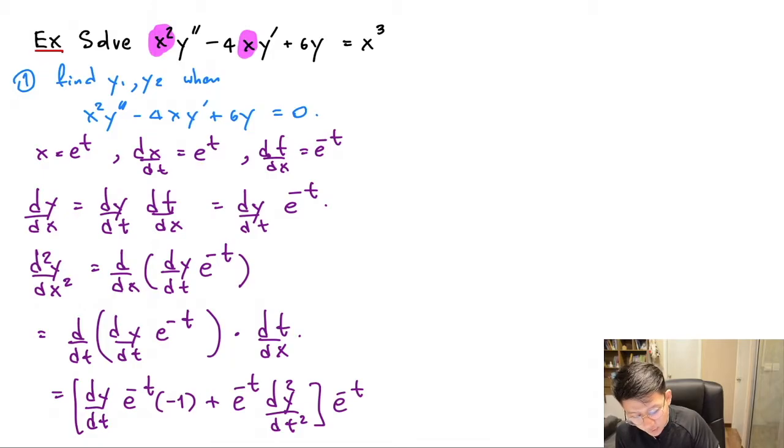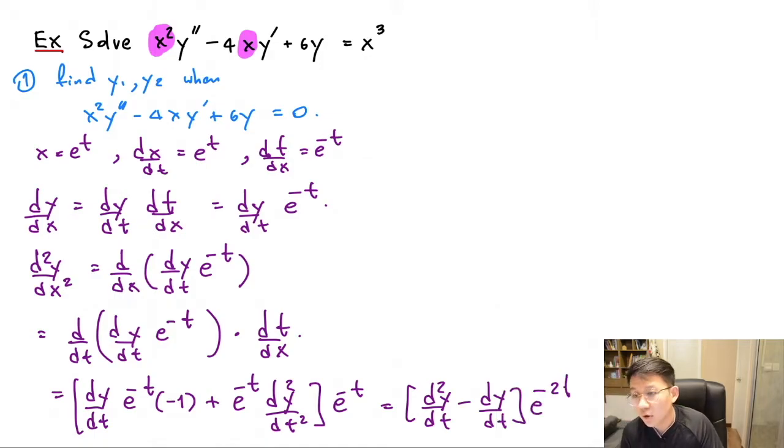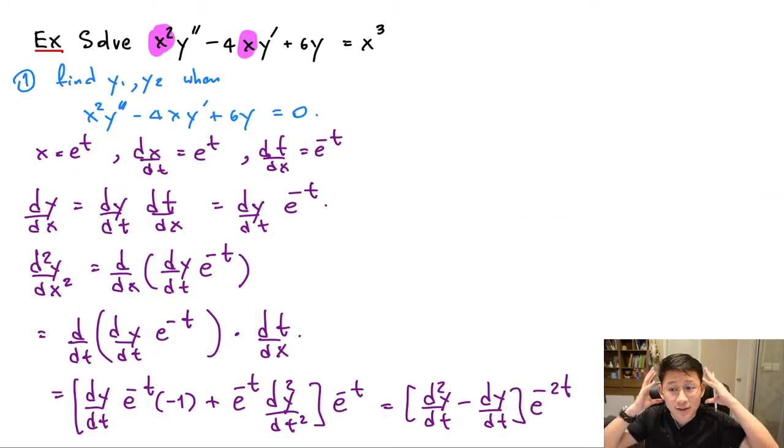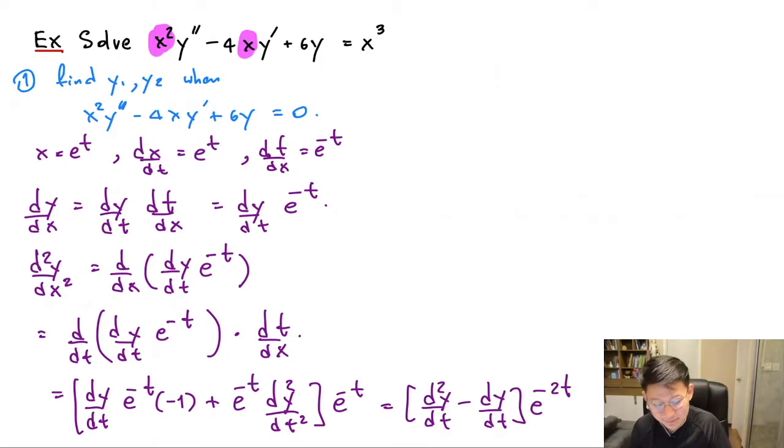So that is actually d²y by dt² minus dy by dt, times e to the minus 2t. I know they are the same for the second order, but I won't recommend you memorize it. We just write it down, to save space in your brain.